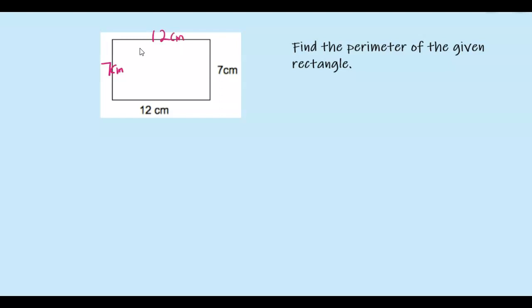So for this one, the perimeter is 7 plus 7 plus 12 plus 12. 7 plus 7, 14. 12 plus 12, 24.